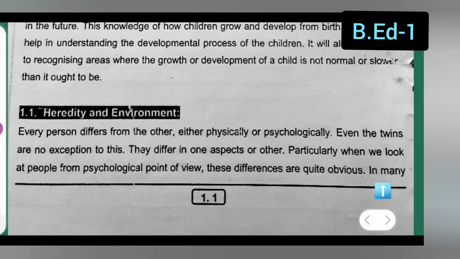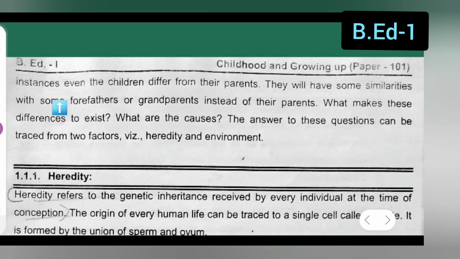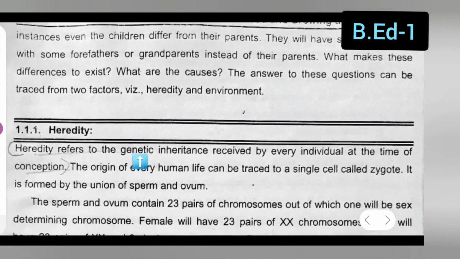In many instances, even the children differ from the parents. They will have some similarities with some forefathers or grandparents instead of their parents. What makes this difference to exist? What are the causes? The answer to this question can be traced from the two factors: heredity and environment. So let us see.